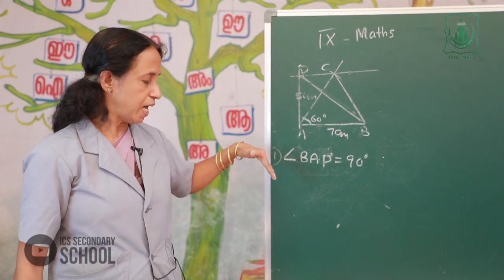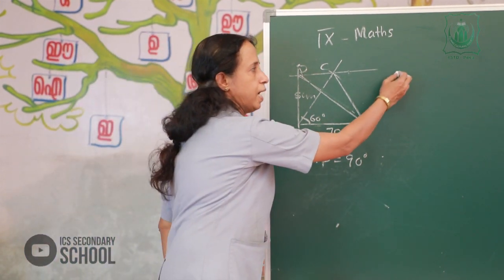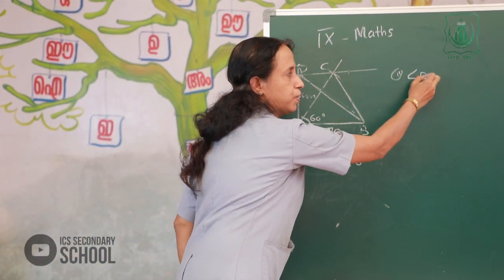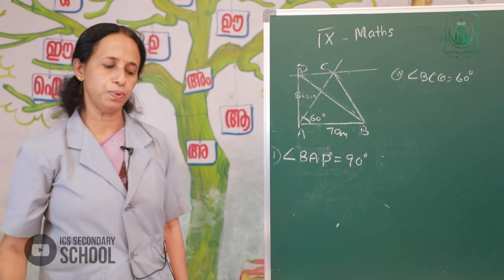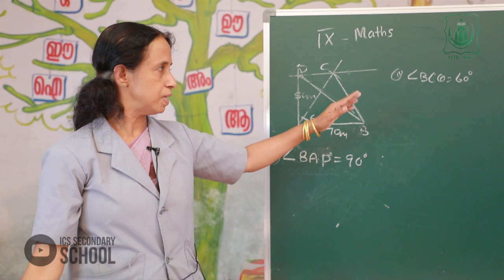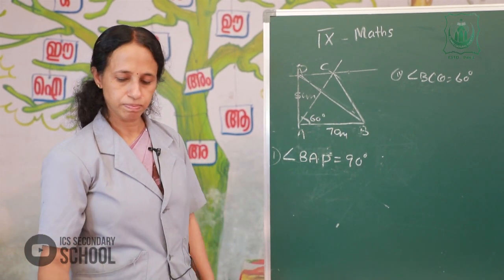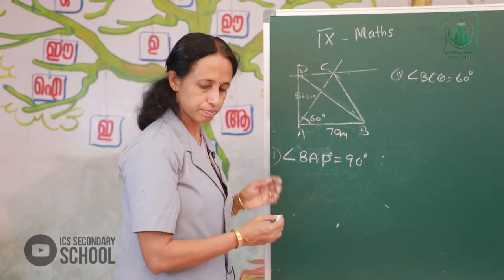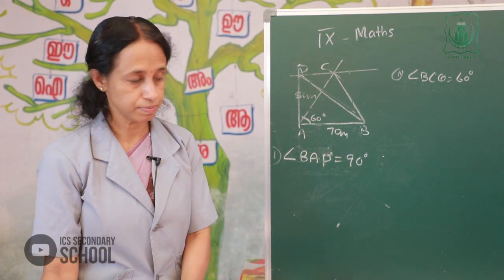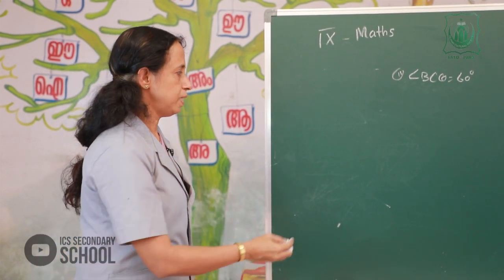Second question, angle BCQ is equal to 60 degree. Draw this triangle. First draw this triangle ABC.